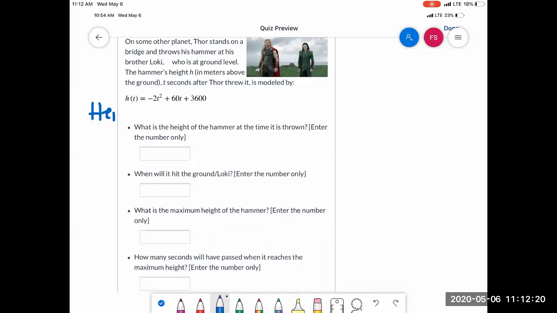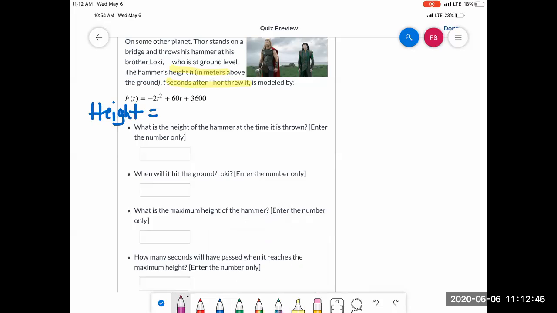And the height is going to be modeled by this equation: h(t) = -2t² + 60t + 3,600. Here t represents the number of seconds after Thor throws the hammer, and h is the height in meters.